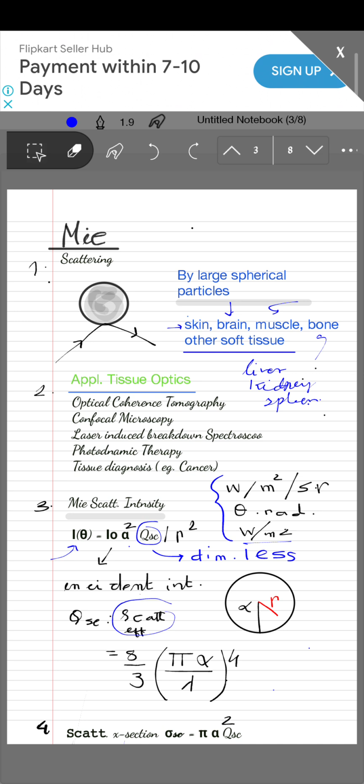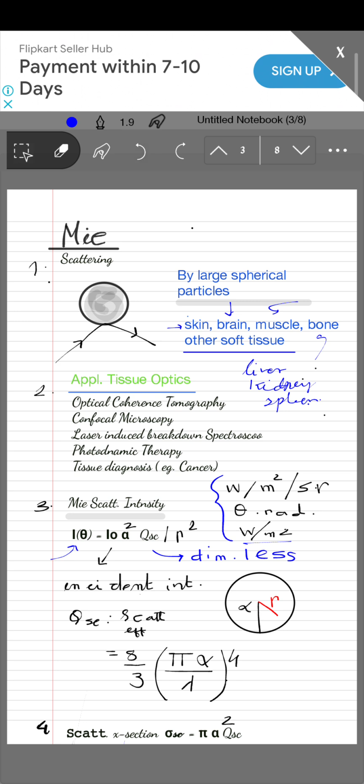Now the cross section is given as pi alpha squared, where alpha is the radius of the spherical particle, times the scattering efficiency.